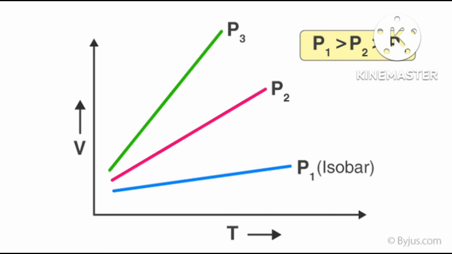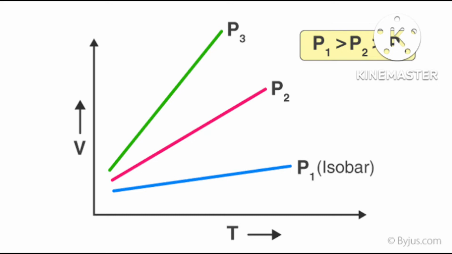It means when the original gas was at 0 degree centigrade and the temperature was increased by 1 degree, the volume increased by 1/273.15 of the original volume at 0 degree.